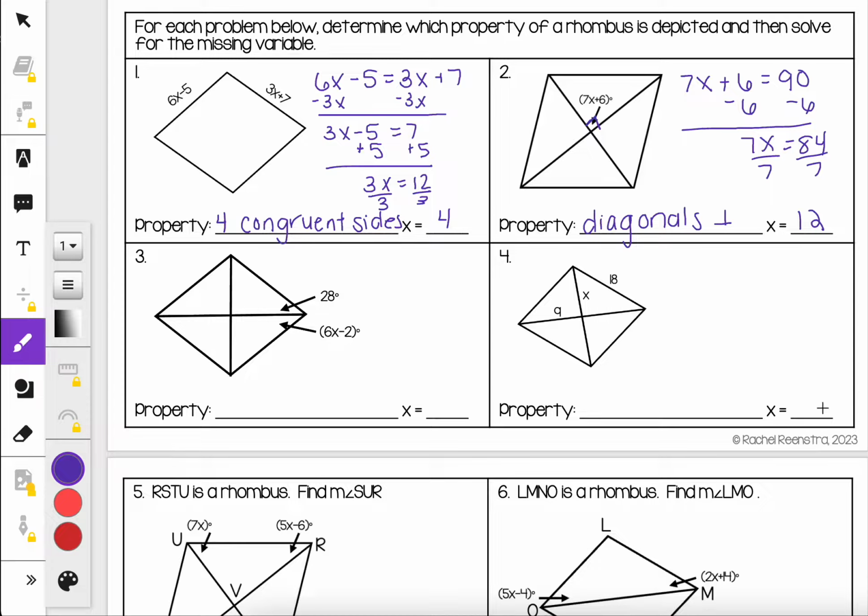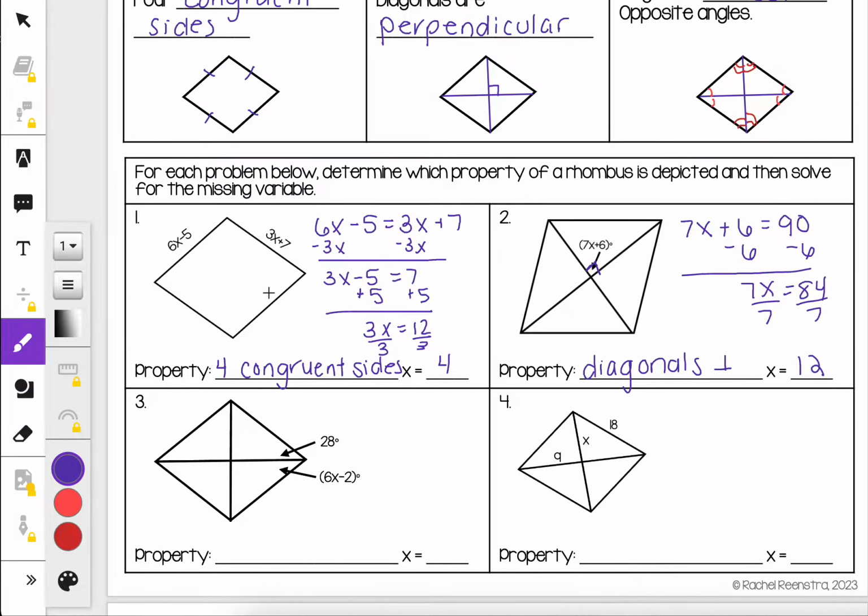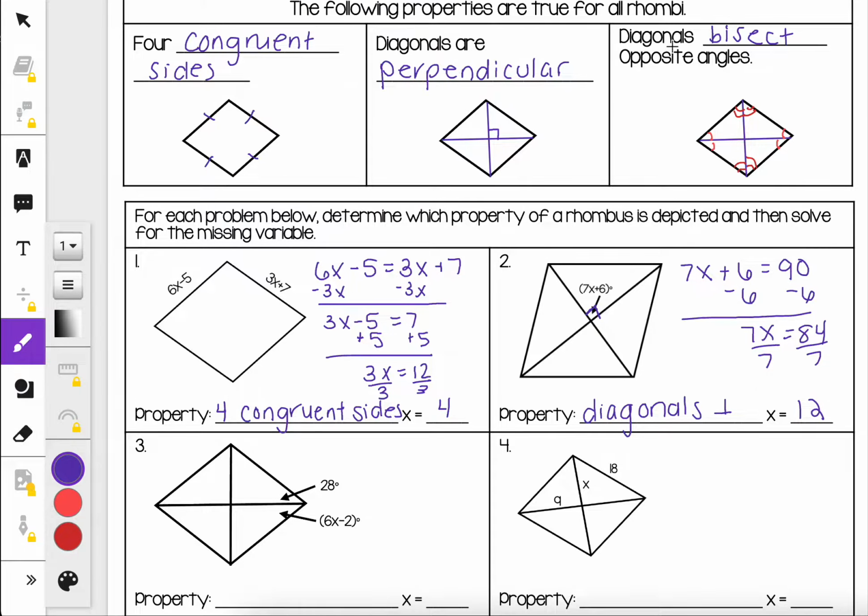Okay, next for number 3, I am looking at my diagonals again, but here I have, and if I go back up here, I see that I have my diagonals bisect opposite angles because I have this angle here. It is being bisected by that diagonal.